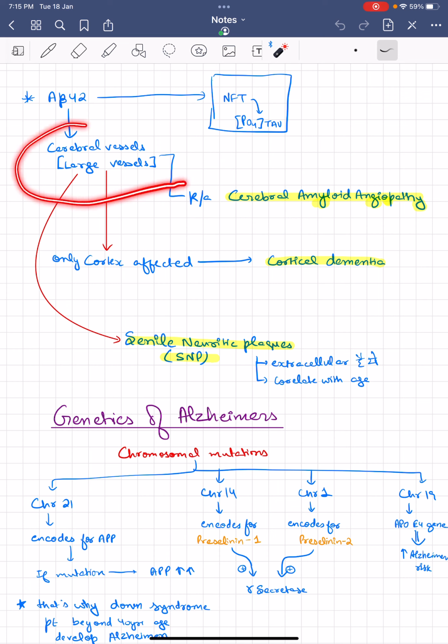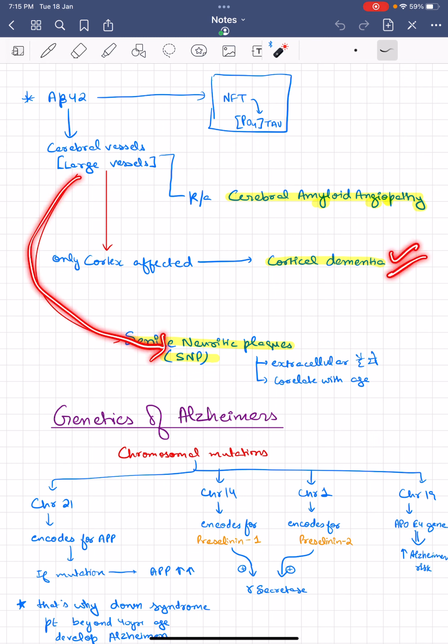Yes, this time I got it correct. It affects only the cortex, leading to cortical dementia, and in the cerebral vessels, senile neuritic plaques are seen. These are extracellular and correlate with age.